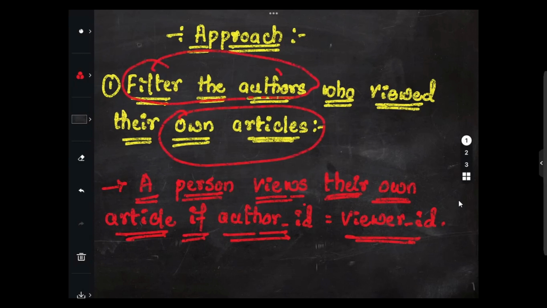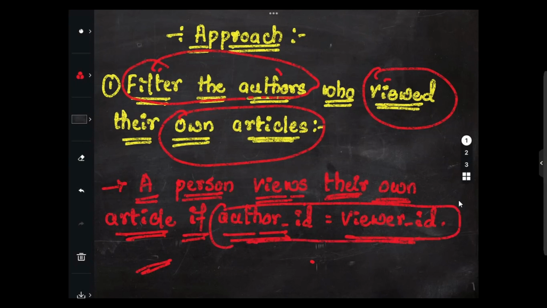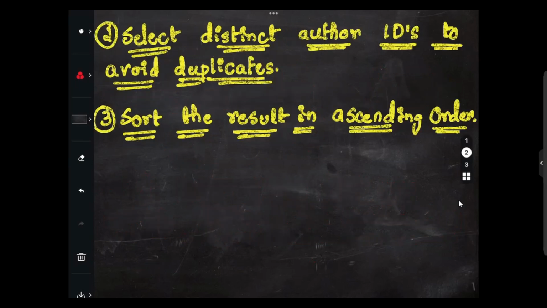A person views their own article if author ID equals viewer ID. Author ID has to be equal to viewer ID, then only the person views their own article. We have already seen this in the first example.